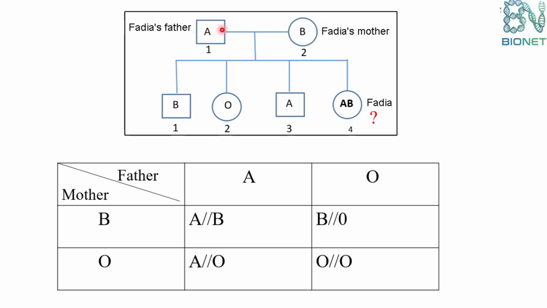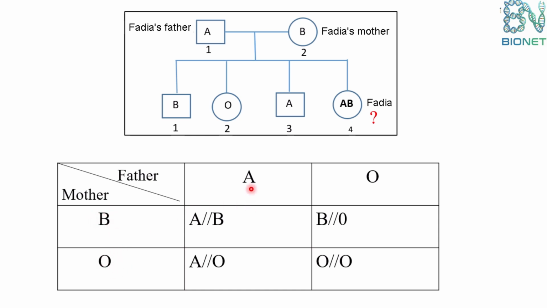Then both the father and the mother are heterozygous. The genotype of the father is AO, the genotype of the mother is BO. So the father produces 2 types of gametes, A and O. The mother produces also 2 types of gametes, B and O.